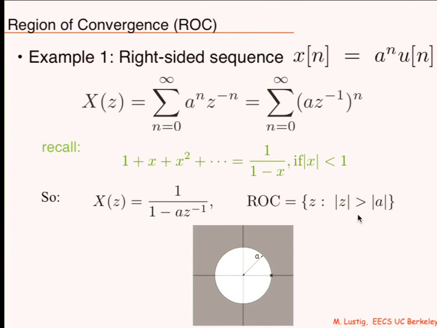So the Z transform of that right-handed series is going to be this value as long as the magnitude of z is greater than the magnitude of a. Does this make sense?